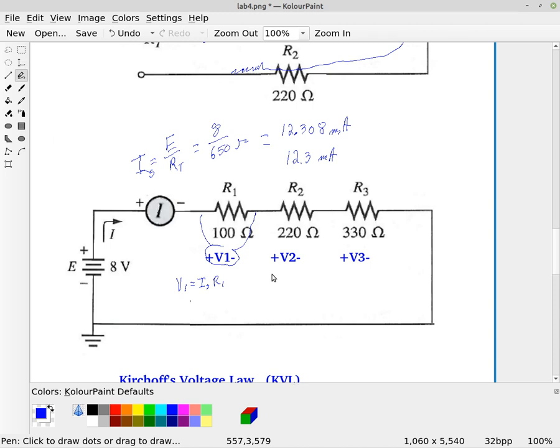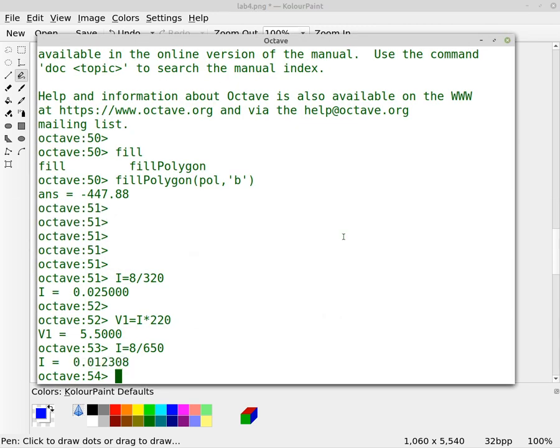And then V2 would be that same current, because it's in series, so I series times R2. And V3 is I series times R3.